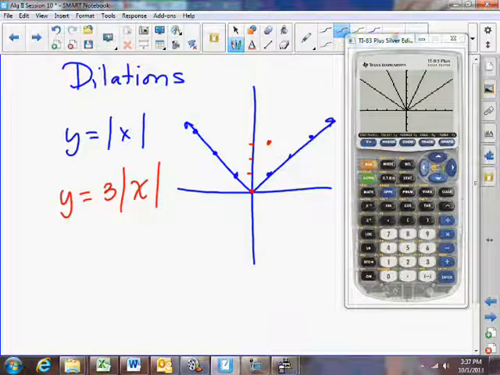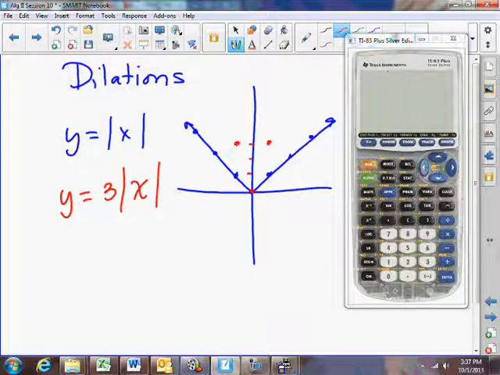If I put negative 1 in, absolute value of negative 1 is 1, and then 1 times 3 gives us 3 again. If I put 2 in, absolute value of 2 is 2 times 3 is 6. So I get 6 instead of 2 for this one. If I put negative 2 in, I also get 6. So notice I still get the v, but my graph is steeper.